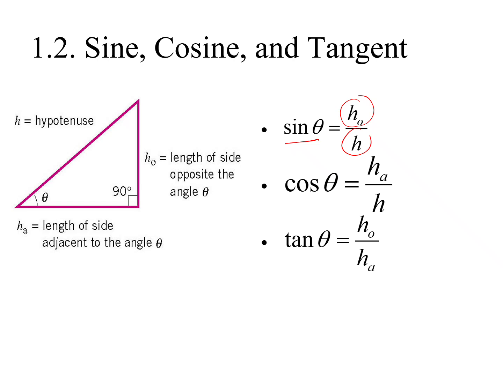And cosine is given by the adjacent divided by hypotenuse. So here cosine theta equals length of the adjacent divided by the length of the hypotenuse. And tan is given by the opposite divided by adjacent. So tan theta equals length of the opposite divided by the length of the adjacent.